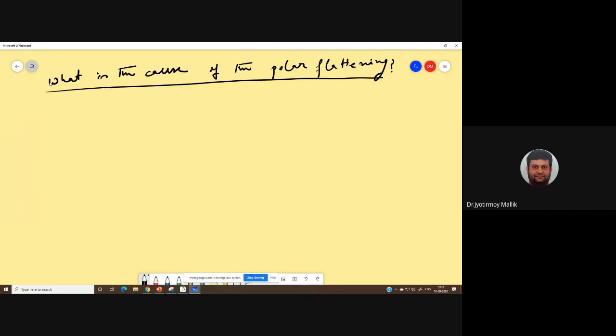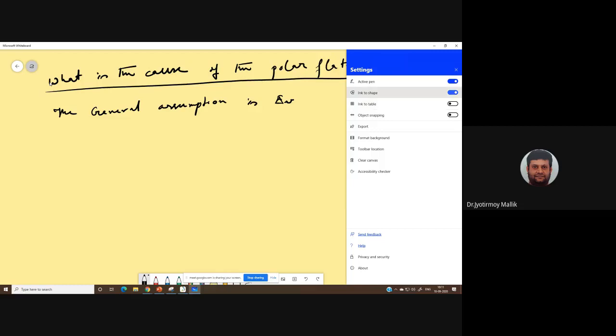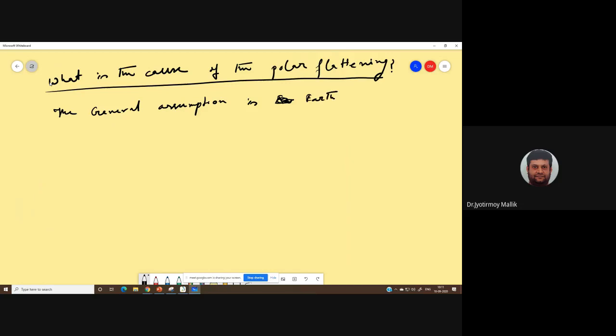So if it deviates from a sphere, the general assumption is that the Earth is a perfect sphere.